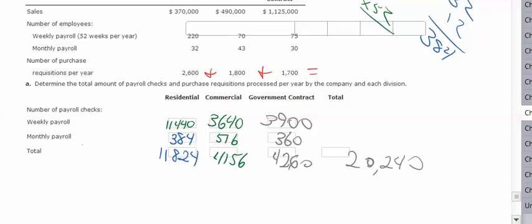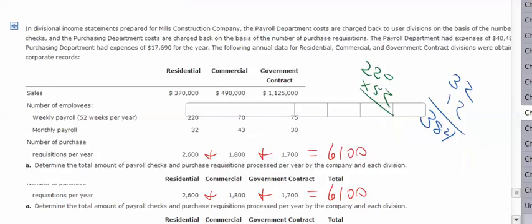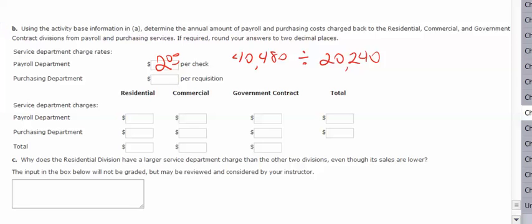So we'll add those together. 6,100 requisitions, and our purchasing department cost was $17,690.